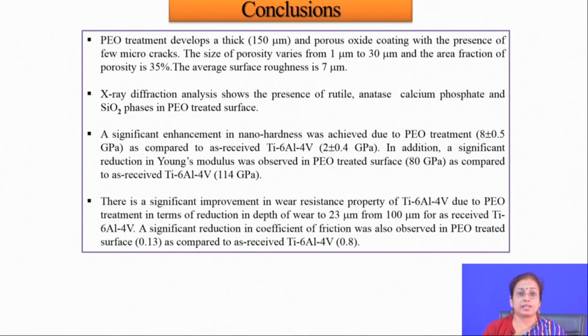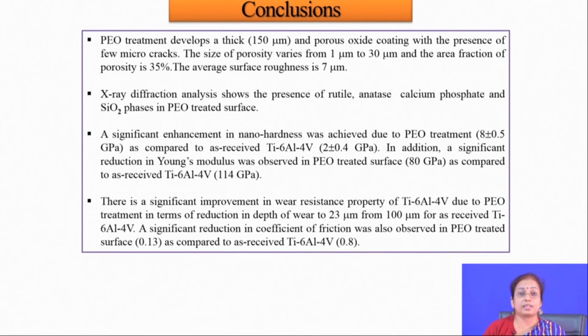Then, from X-ray diffraction, you see that the oxide layer is present very nicely. This particular technique can be applied for oxidation of alloys of aluminum, magnesium or titanium, which otherwise is difficult to do in case of anodization.